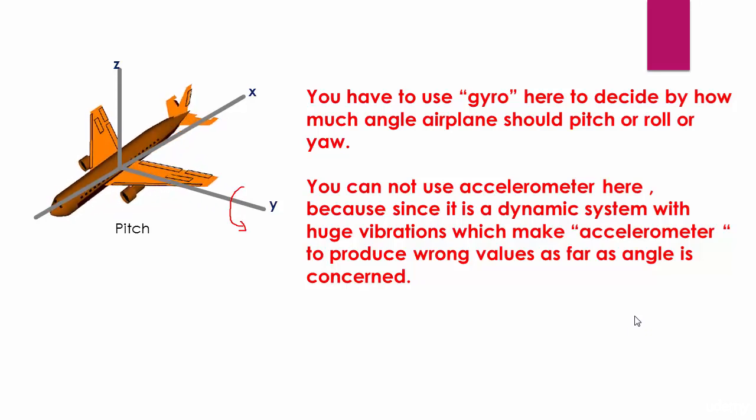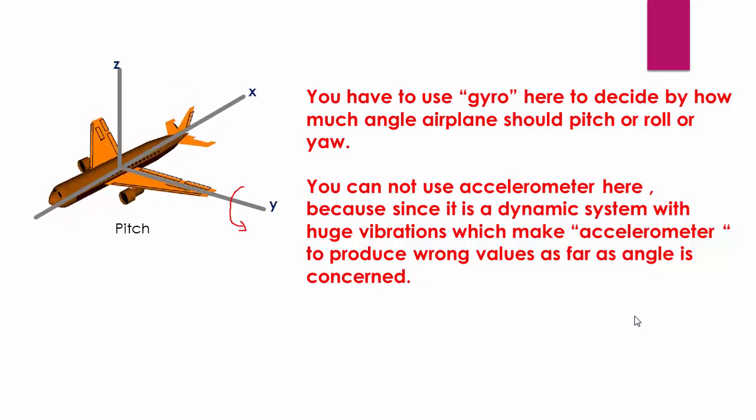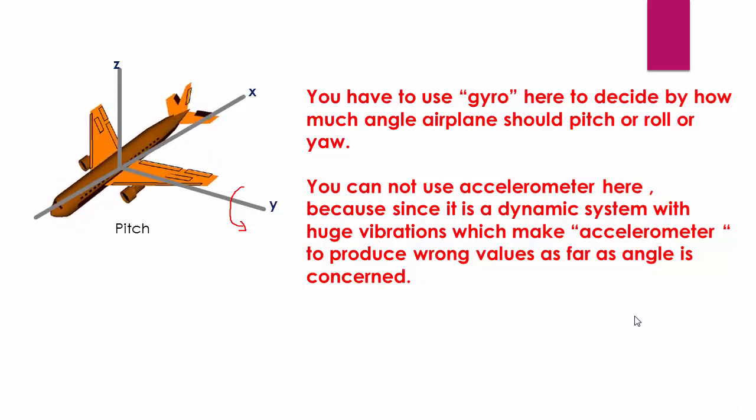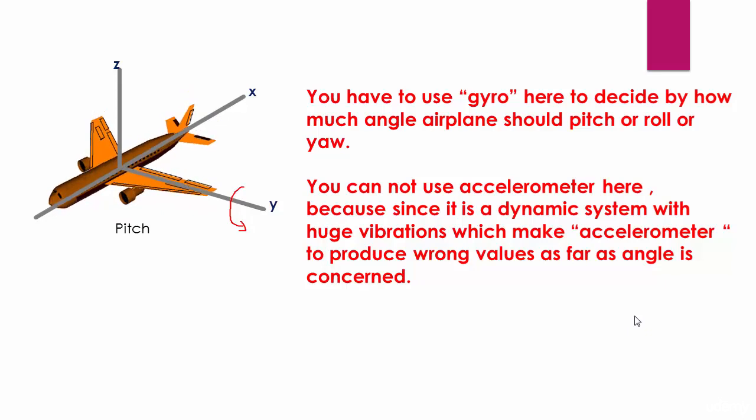So in those cases you can use a gyro sensor to measure the rotational angle of the object for a given axis. You cannot use an accelerometer in this application, right? Why? Because it's a very dynamic system. There will be huge vibration forces on this aircraft, and your accelerometer readings will not be accurate.